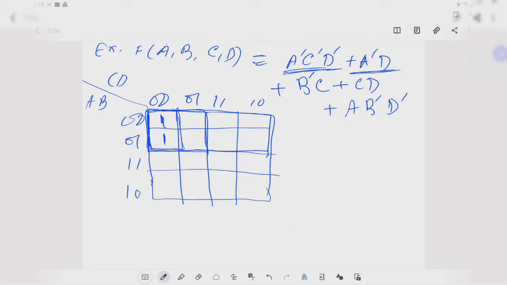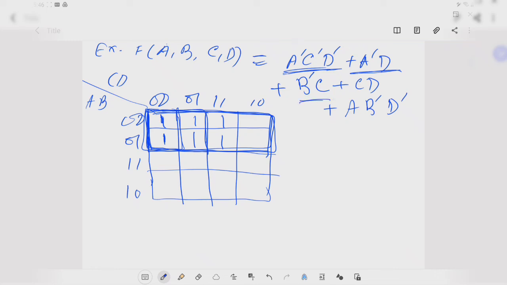For the second term we have A prime D. So A is 0 in these 8 boxes, and D is 1 here. That's it.